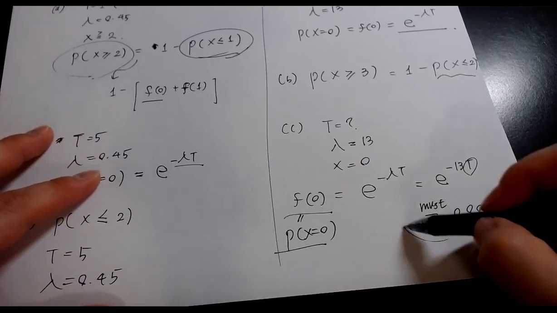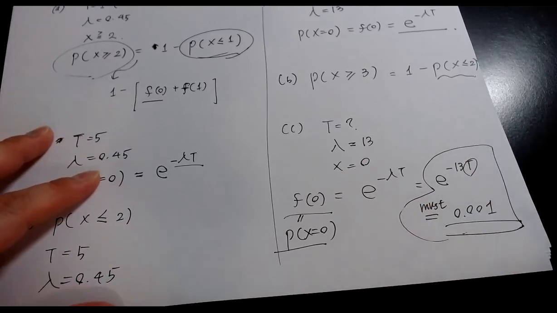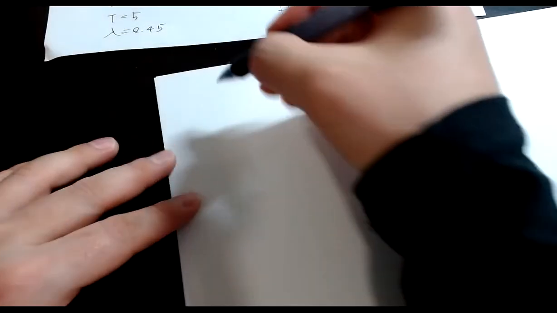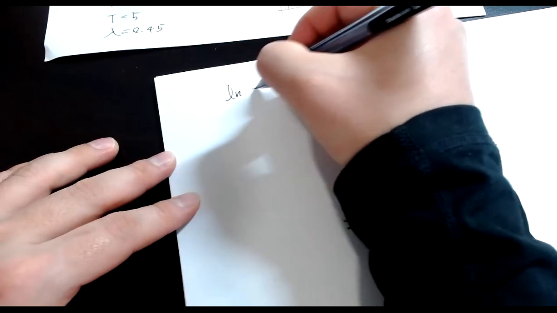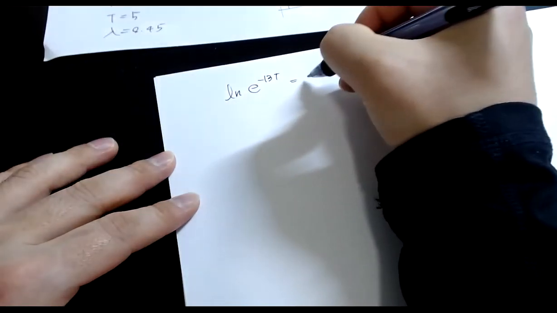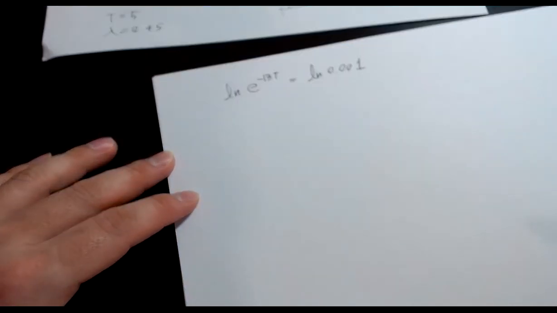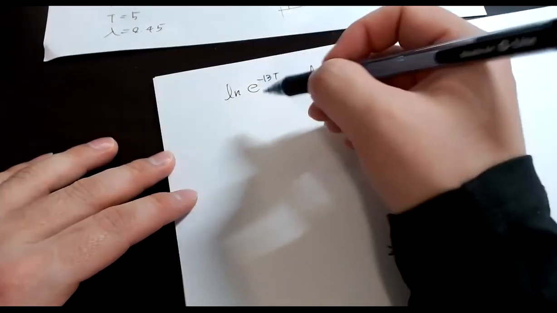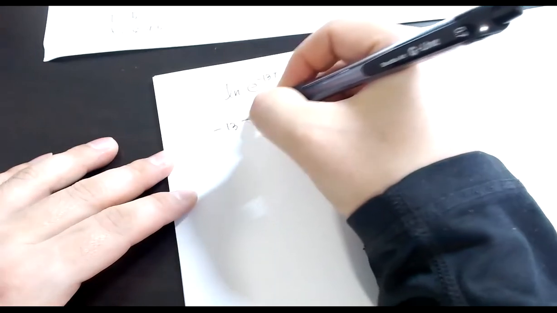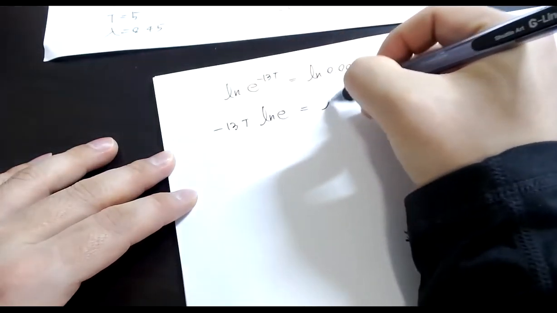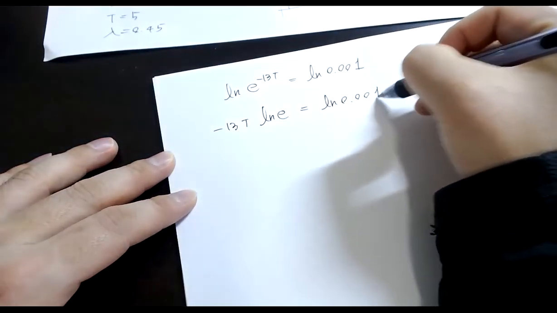We solve that equation for t. We take the natural log: natural log of e to the negative 13t is equal to natural log of 0.001. So negative 13t times natural log e equals natural log 0.001, because natural log e is 1.